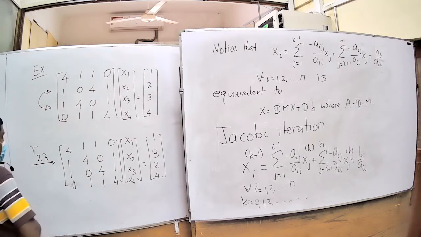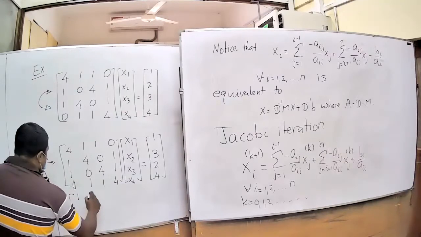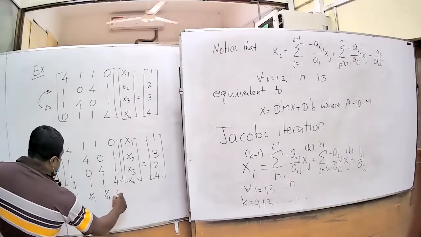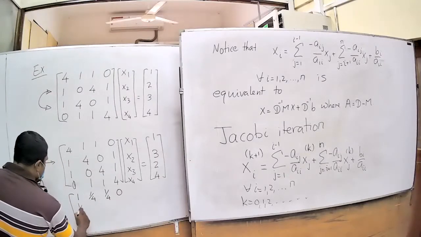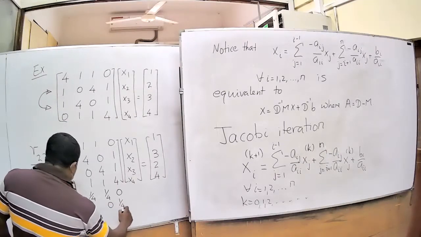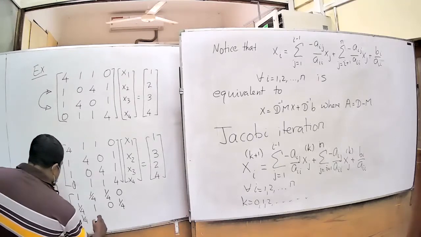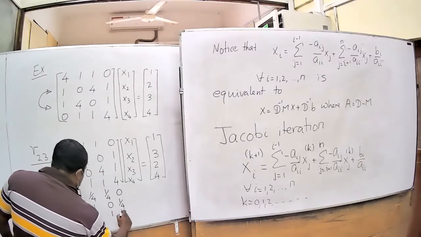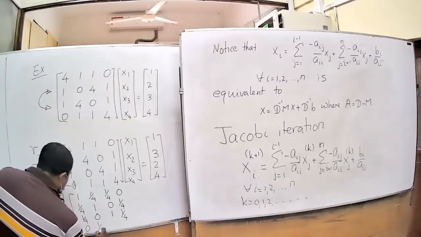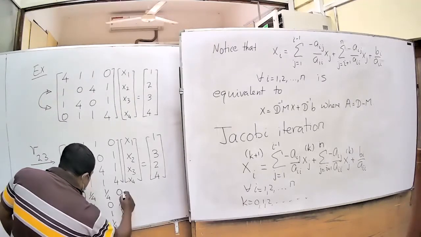So that gives the matrix with rows 1, 1/4, 1/4, 0; 1/4, 1, 0, 1/4; 1/4, 0, 1, 1/4; 0, 1/4, 1/4, 1.